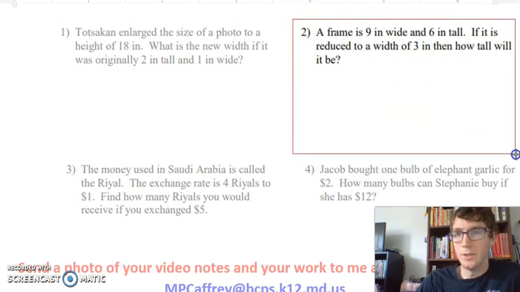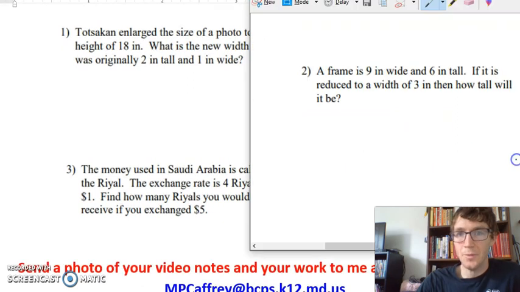And what I'm going to do is solve this by just creating a proportion. So we have 9 inches wide, 6 inches tall. I'm going to set a proportion of width to height. So the width is going to be on the top, on the numerator, the height is going to be on the bottom, on the denominator.